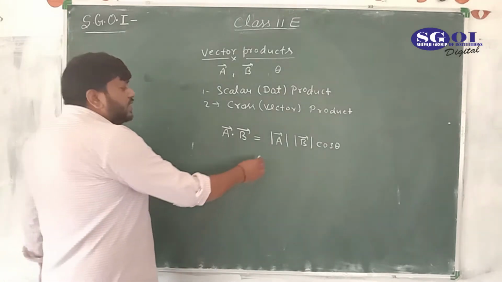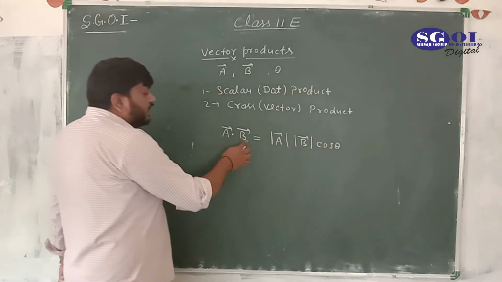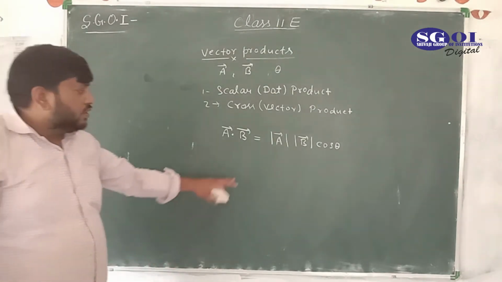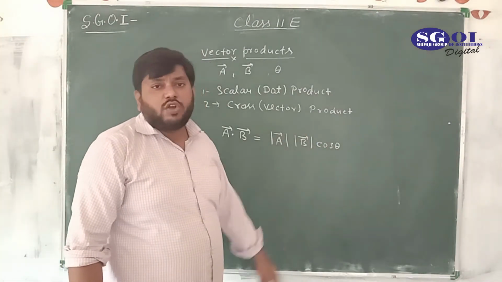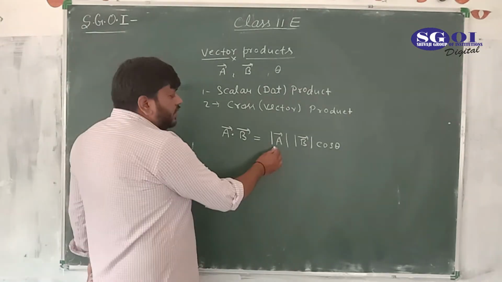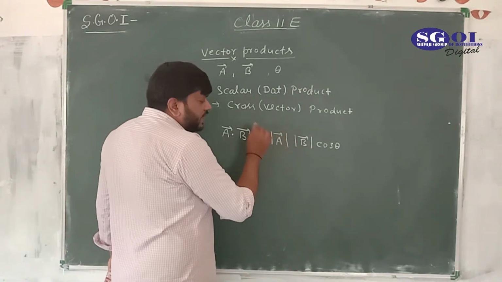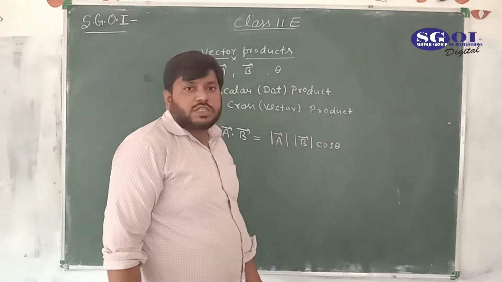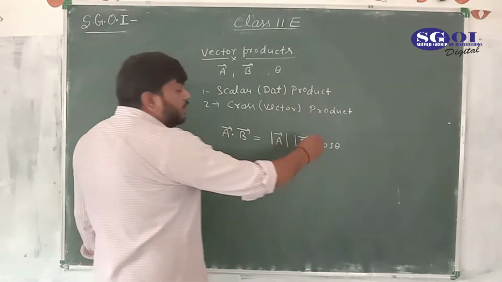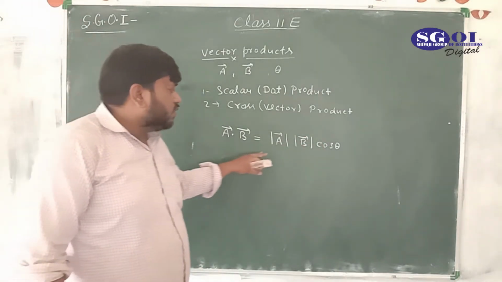And what is the resultant quantity? If we take the dot product of two vectors, is the resultant quantity a vector or a scalar? Let's see. We know that this is a magnitude, a scalar, this is also a magnitude, a scalar, and cos is a number which is also a scalar. It means this whole term is a scalar.